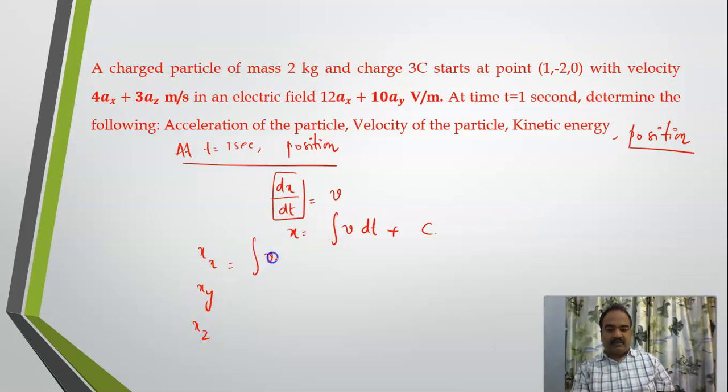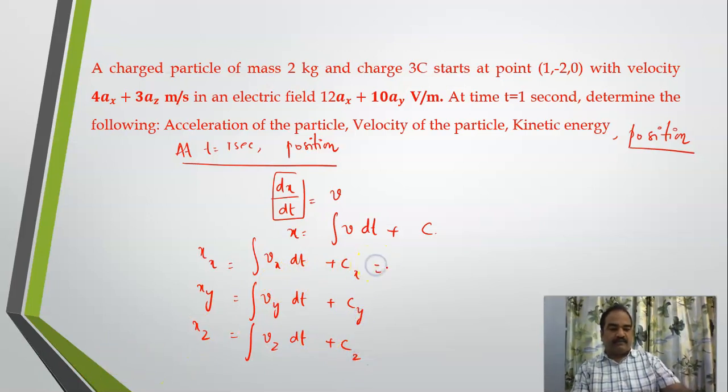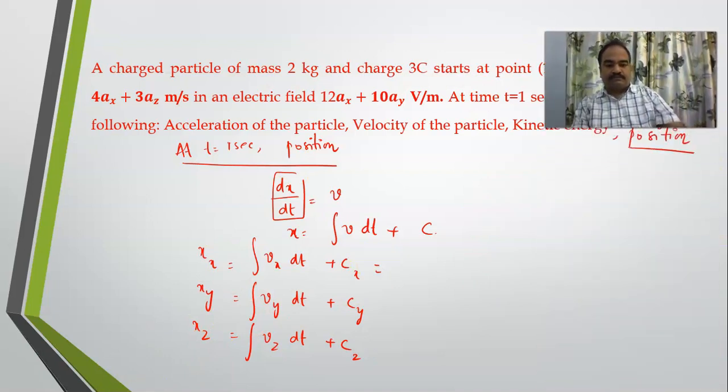In x direction, what you will get? Integral of vx dt plus c. This one is integral of vy dt plus c. Integral of vz dt plus c. This is x direction, y direction, z direction. Now, I already had Vx, right? What was Vx? It was 18t plus 4, dt plus Cx. So what was this equation now?